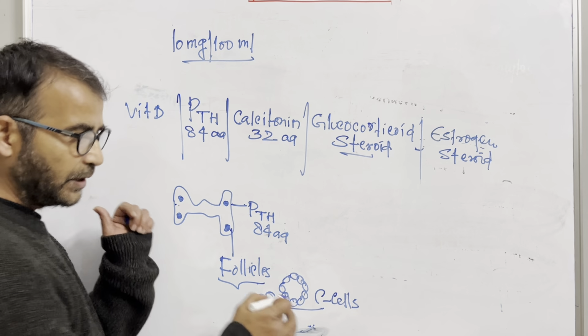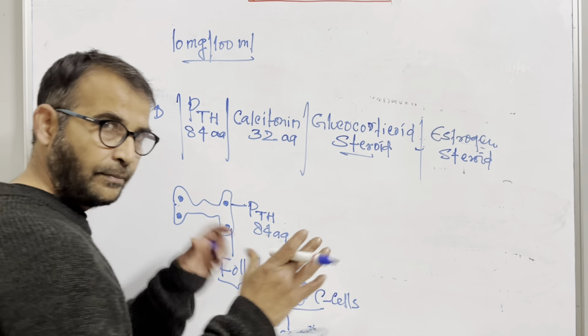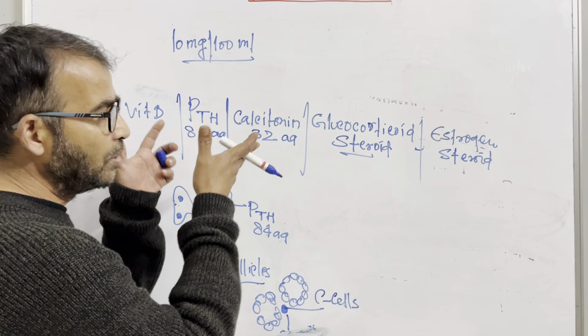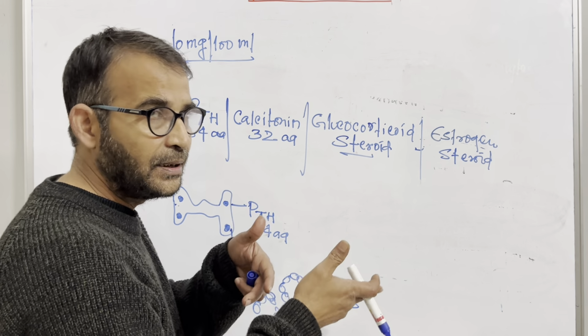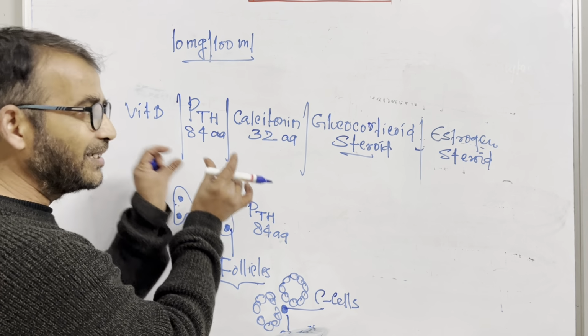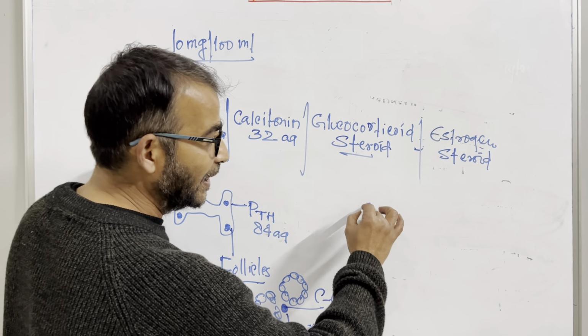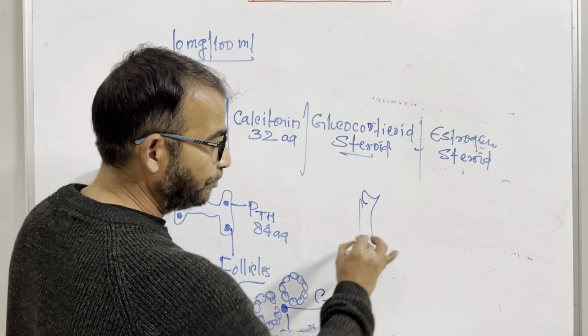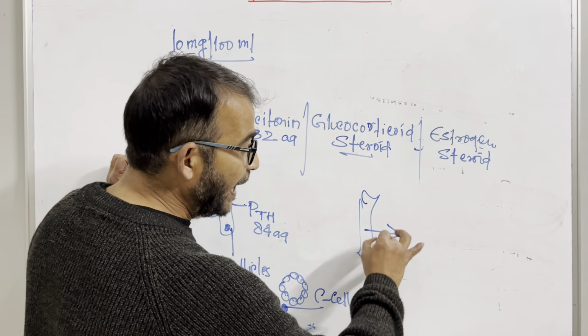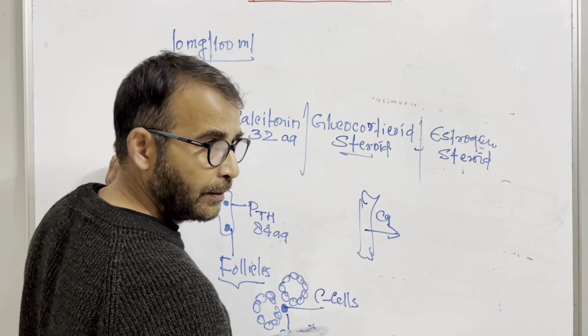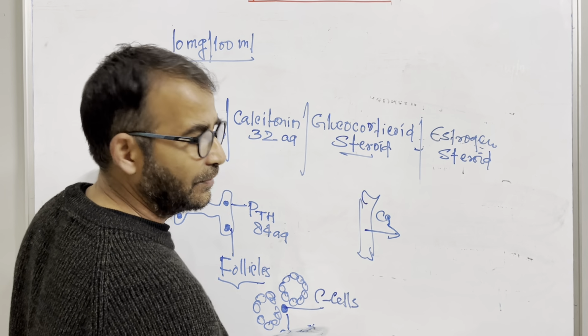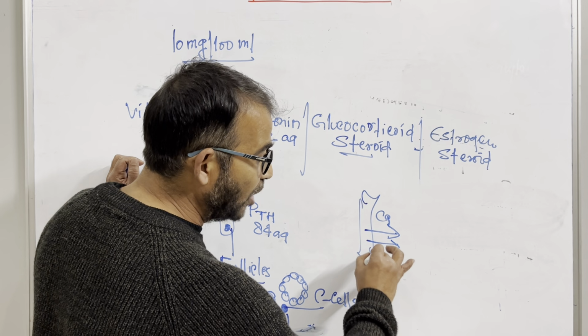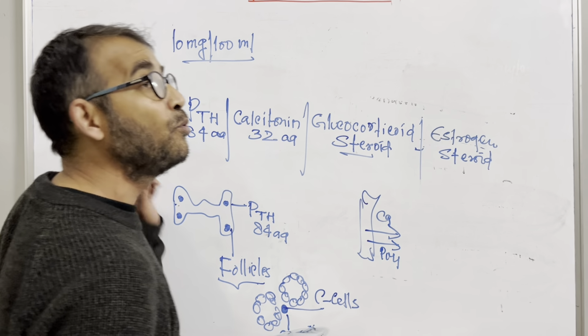So let us first make an understanding. Do not go by mugging this. You have to understand the concept behind it. The concept is that from the bone, the calcium is taken by osteoclastic activity. The calcium and phosphates are solubilized. That is called bone reabsorption.